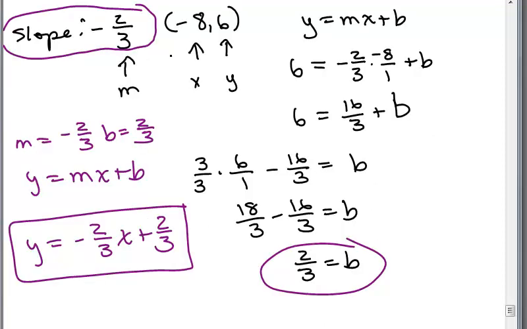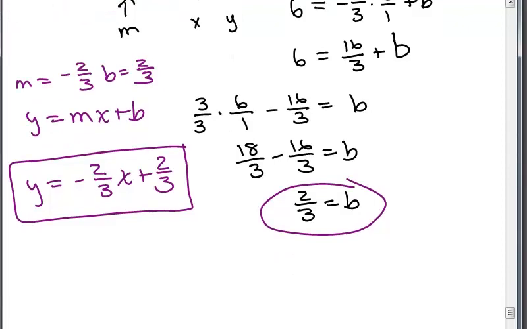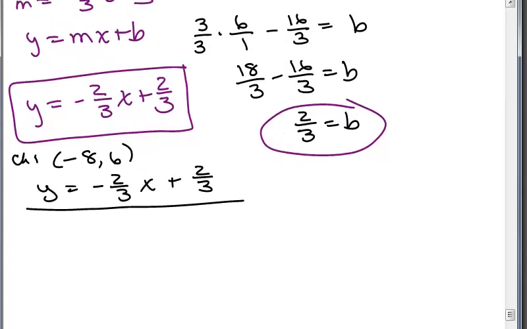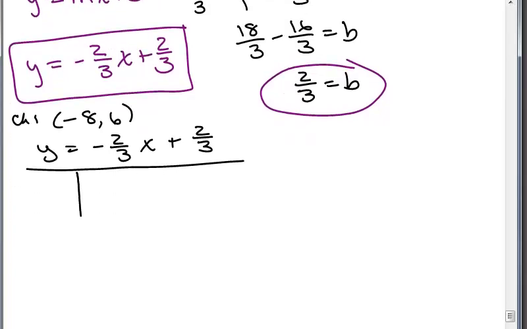We could have also checked that negative 8, 6 was on the line we got for the previous problem. So let's just do that. Check negative 8, 6. Is it on y equals negative 2/3 x plus 2/3? Right, so let's see.